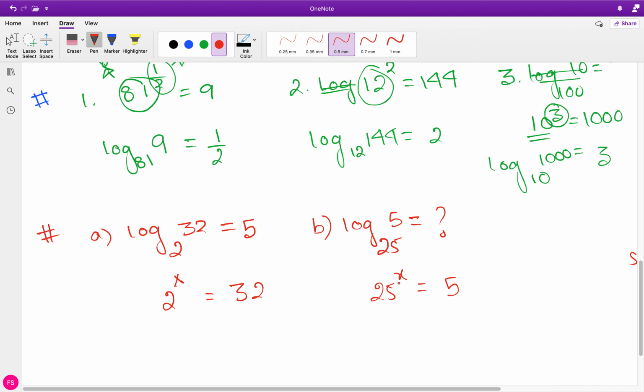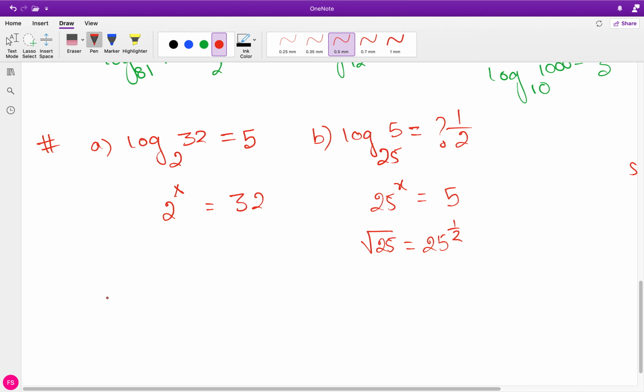So you have to think of a number that's less than 1. We know that the square root of 25 is 5. And if you write a root, this just means the power is half. That means the value of x here is going to be half. My answer for this question is just half.